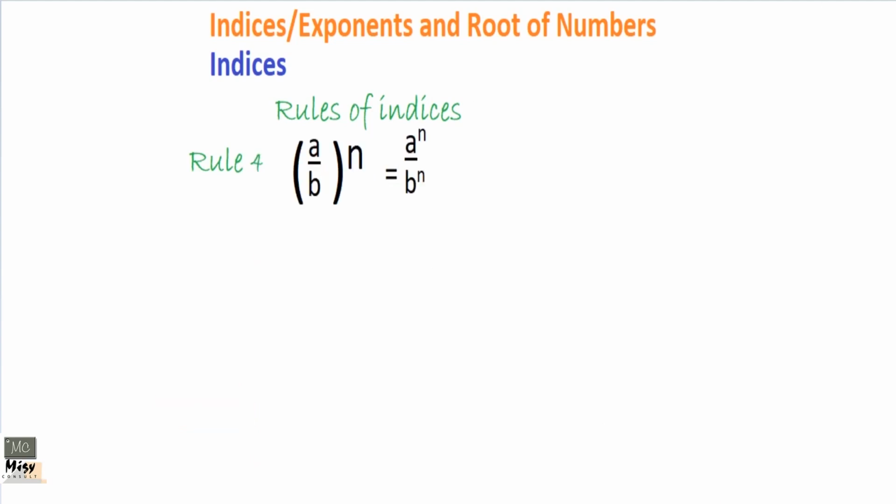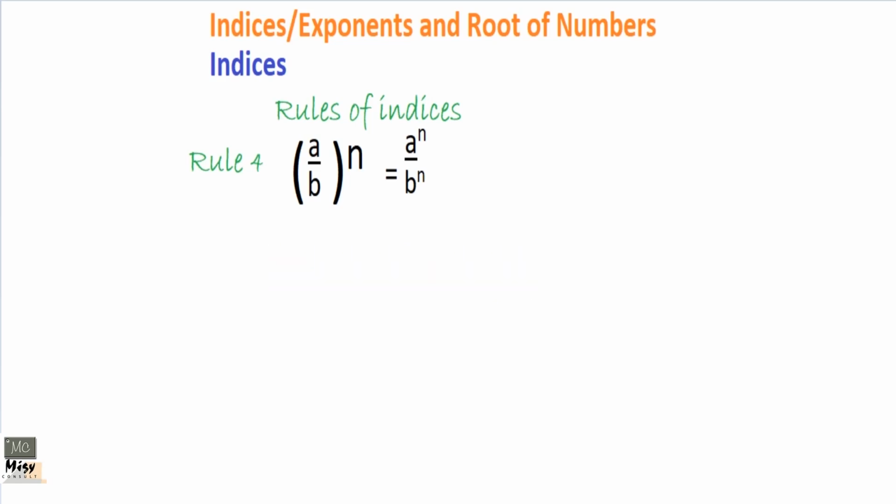Let's go to the next rule. What is the rule saying? The rule says that A divided by B, all raised to the power n, will be equal to A raised to the power n divided by B raised to the power n. Again, no thinking. We just go back to what we've been doing. So you give yourself a simple example.